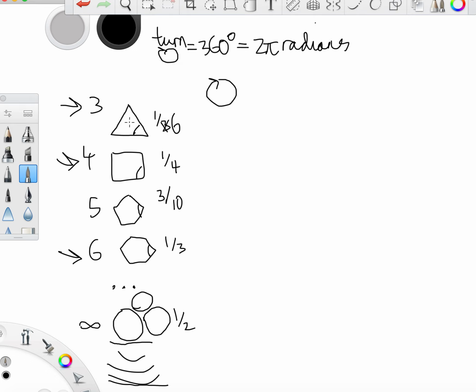And we can also see that as we go up the number of sides, the number that the 1 is over is decreasing from 6 to 4 to 3. It needs to keep decreasing, but the only things it could decrease to next would be 1 over 2 or 1 over 1. 1 over 1 would make absolutely no sense as an object, and 1 over 2 we know is a circle.